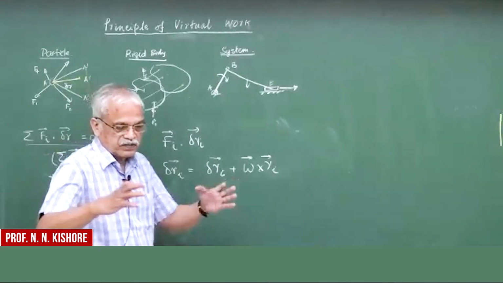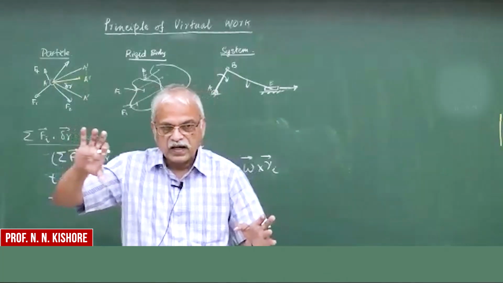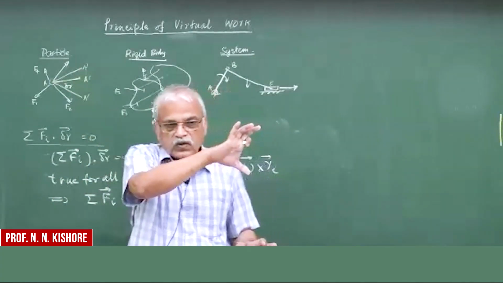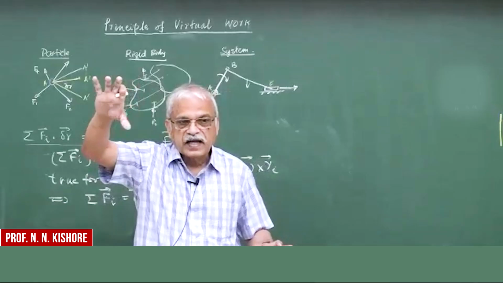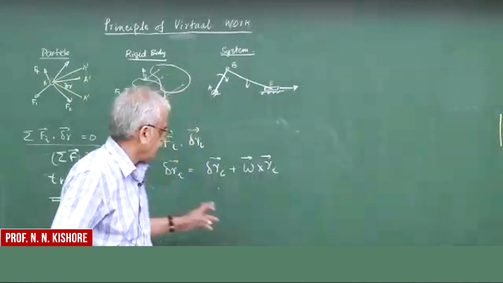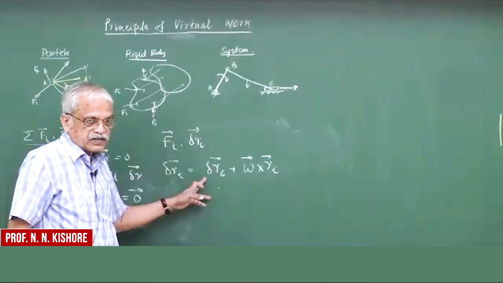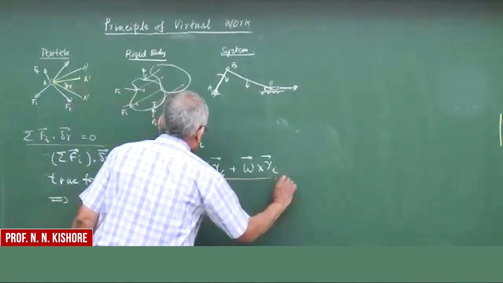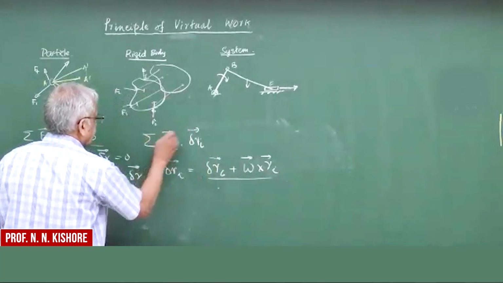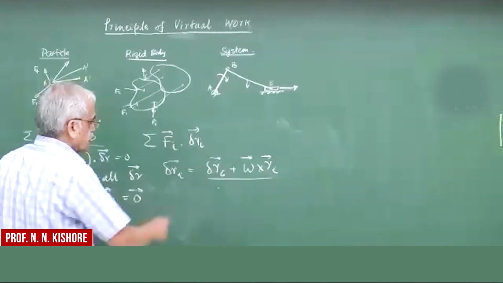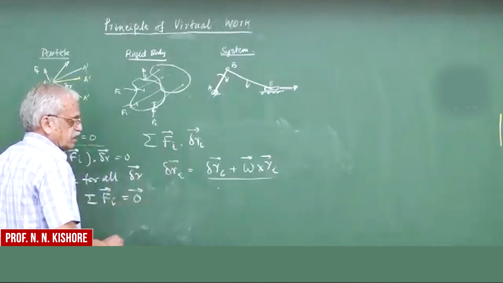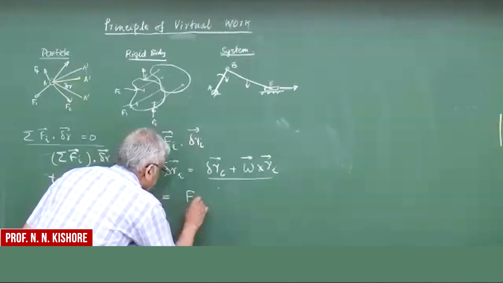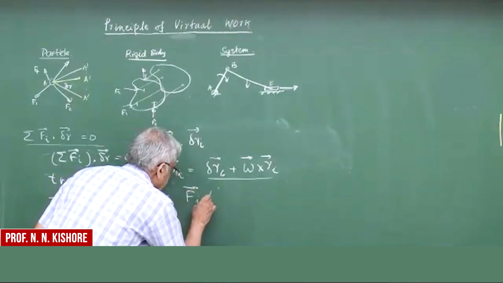So any body that is rotating and moving can be shown to have a translation and a rotation. We are going to discuss it a lot more later. But if this is substituted into this one, it looks like this.